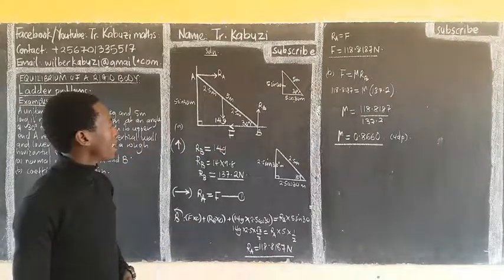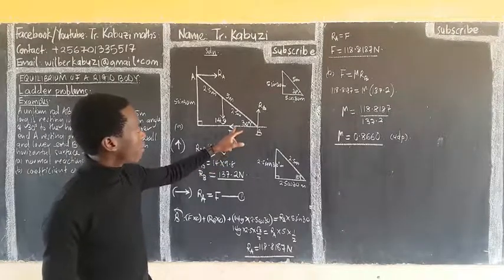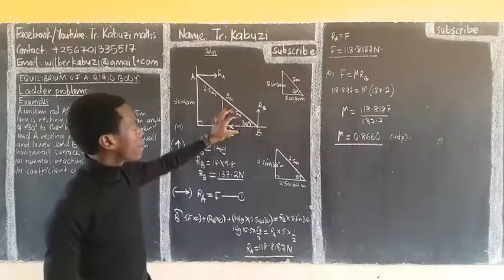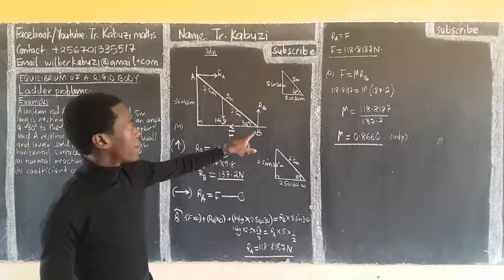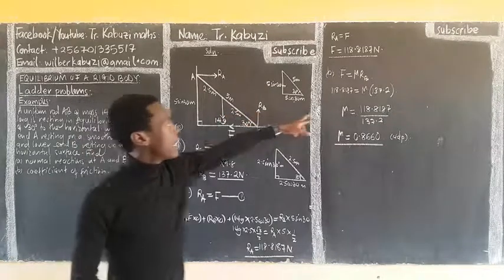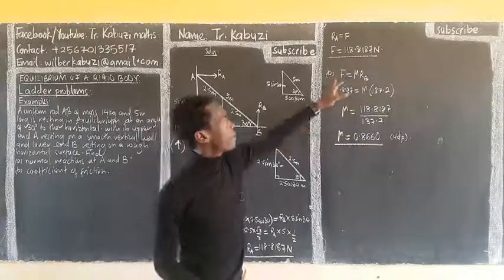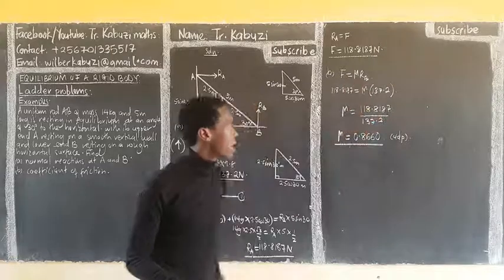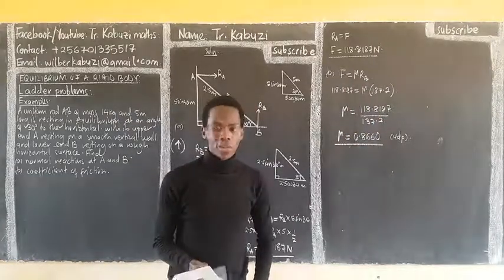That's the case when you have friction. Whenever you have friction, this friction is acting here. Remember, friction is given by the coefficient of friction times the reaction. But the reaction here is RB. That's why this one is F equals mu RB. We have this, we have also RB, then we can easily get our reaction. So, that's it. I wish you well.